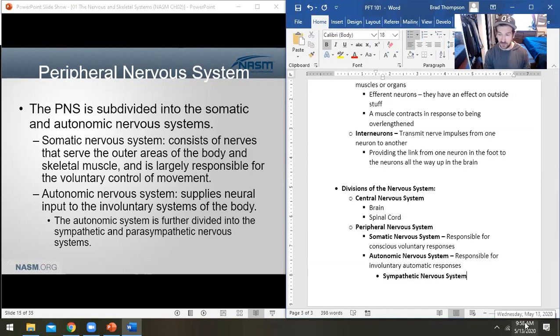So your sympathetic nervous system, that is your fight or flight system. This is the fight or flight nervous system. So it is responsible basically for freaking out. Your sympathetic nervous system is responsible for amping things up in response to things like danger or stress.